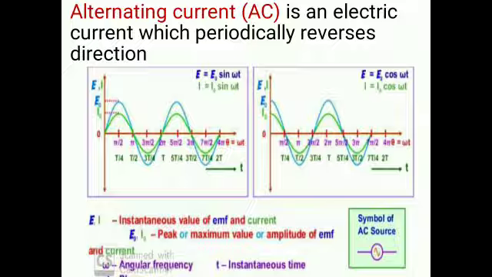Now you see that this is a graphical representation of the E. As you see, as time increases, the value of the alternating current increases and reaches the maximum value, and then gradually decreases and gets the zero value, and then increases in the negative direction and reaches the maximum value, and then from the maximum value its value decreases in the negative direction and reaches the zero value, and then again increases in the positive direction.